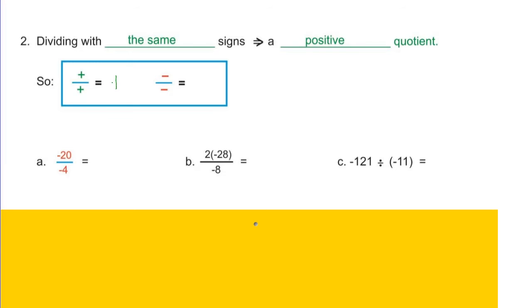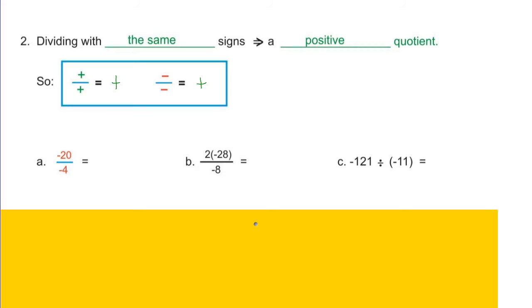Positive divided by a positive is always going to be positive. Are you positive? I'm positive. He's positive. All right. And negative divided by negative is, careful, positive. For the same reasons why a negative times a negative is a positive. So again, notice, just like multiplication, when the signs are the same, the result will be positive.